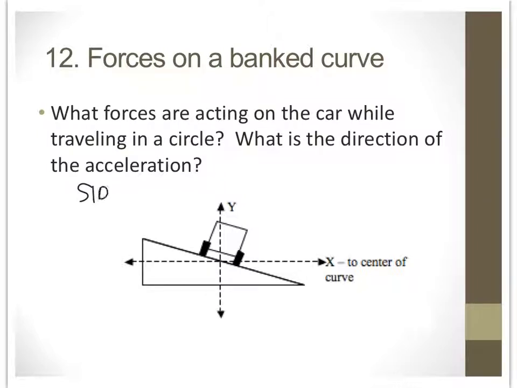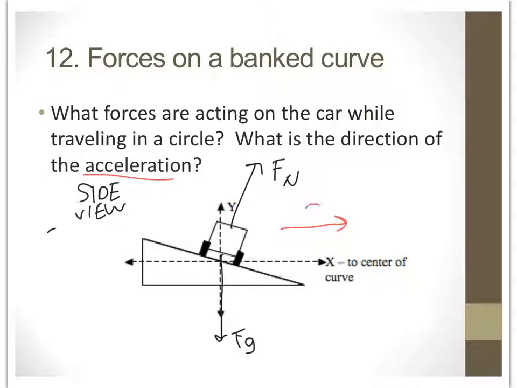Assuming there's no friction, and there normally will actually be friction, but we'll ignore that for now, we're definitely going to have the force of gravity acting on the object. We're also going to have a normal force going perpendicular to our surface, as always. Thinking about the direction of the acceleration, our acceleration is going to be inward like that.